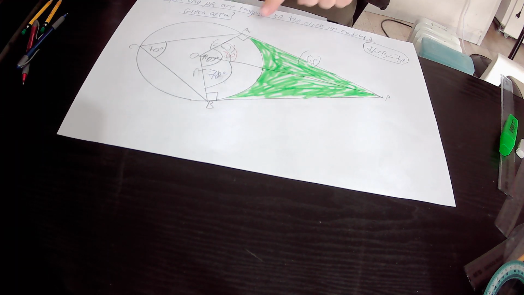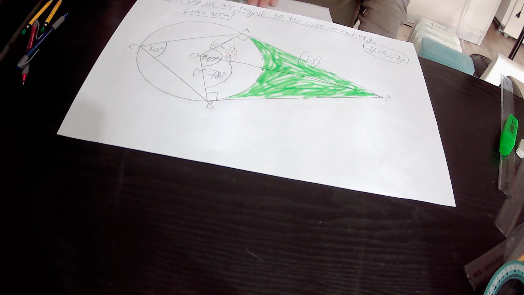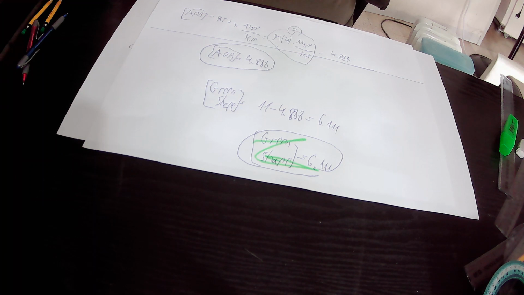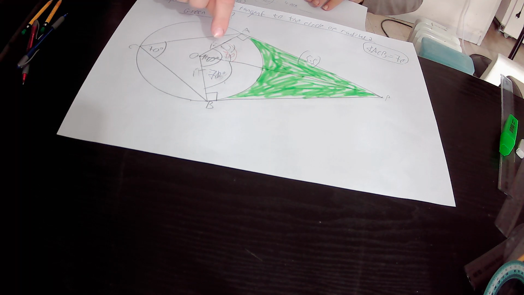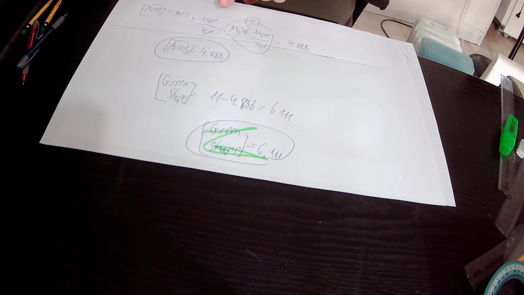So what is the area of this sector AOB? The area of sector AOB equals the area of the circle that contains the sector AOB. The area of the circle that contains sector AOB is pi r squared, times the angle between the legs of this sector AOB, that is 140 degrees over 360 degrees.